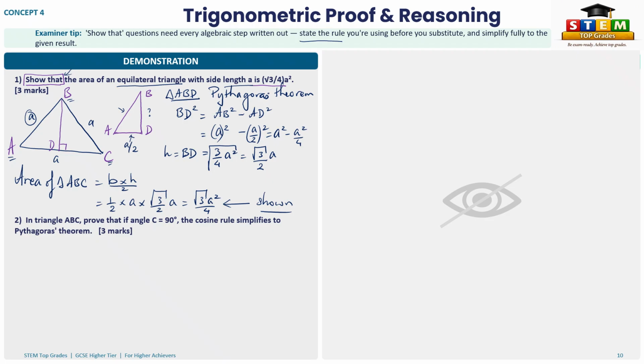Okay, so the cosine rule simplifies to Pythagoras theorem. All right, so let's draw a right angled triangle because you got your 90 degrees at C. That means if it is a triangle ABC, A and B will be the other two vertices.